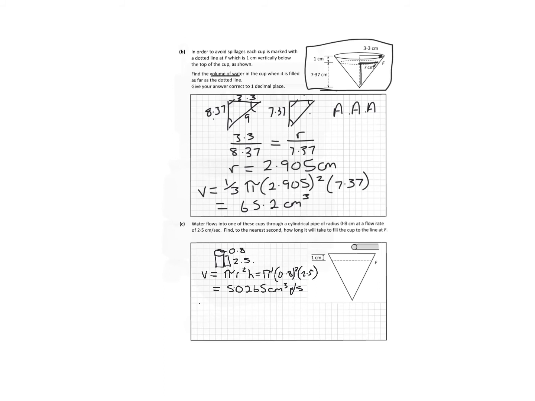Again, using distance or volume, speed and time, we are looking for time, so we use the volume of the total cone, from the previous answer, 65.2 centimeters cubed, and we divide that by the speed, 5.0265, and that's going to give me 13 seconds.